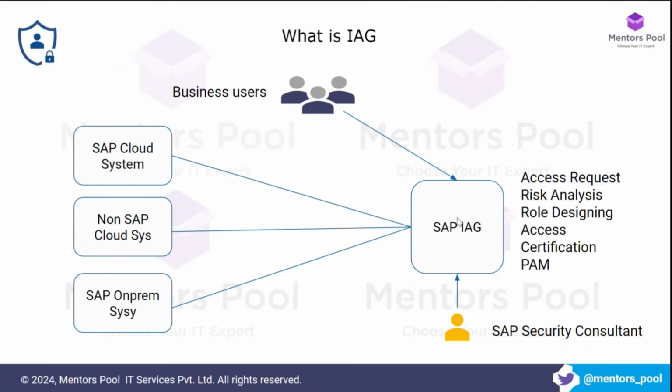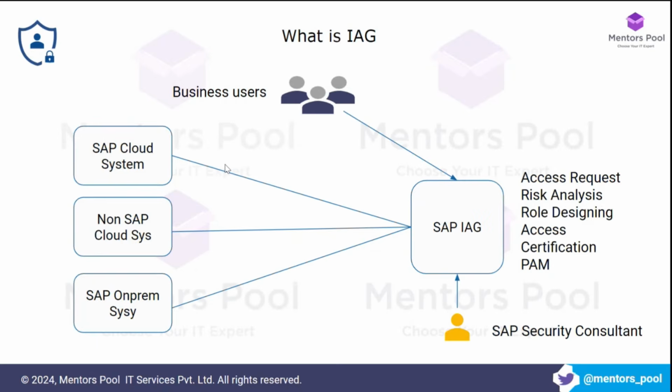IAG will read: this system has its users and roles assigned to it, and these systems have their users and roles assigned too. IAG will pull all user and role data from these systems. Now it has identity data for all the systems, and a rule set corresponding to each system.